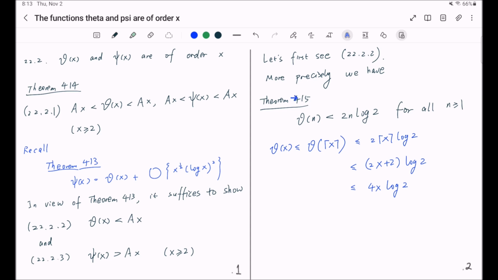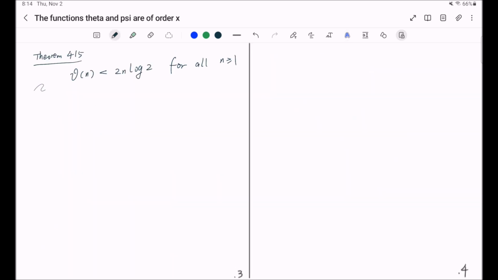Now how do we prove theorem 4.15? The proof is done by induction on the variable n. First, if n is equal to 1 or n is equal to 2, then the statement is trivial.